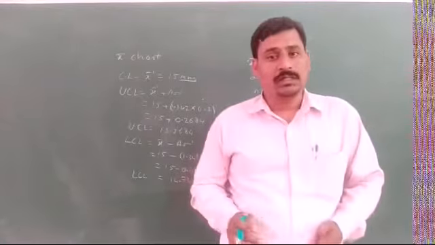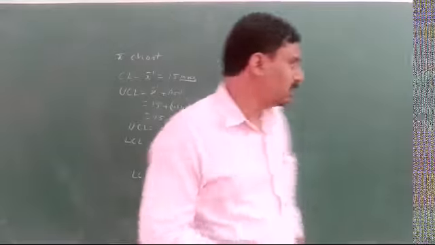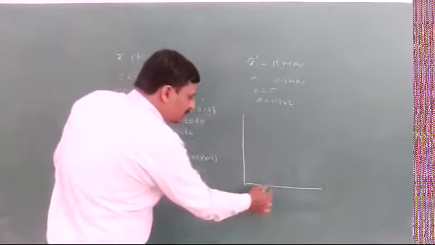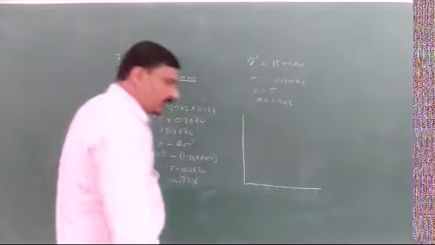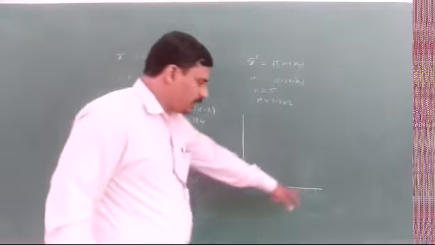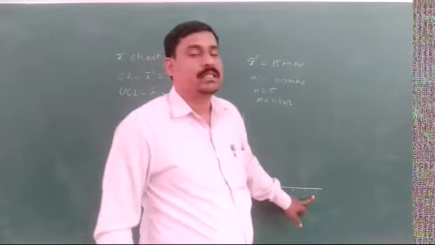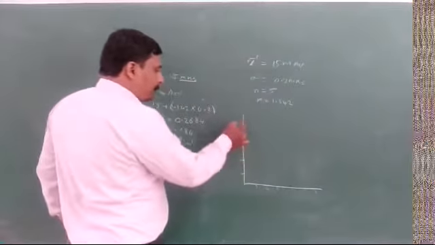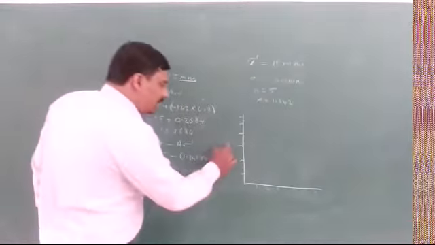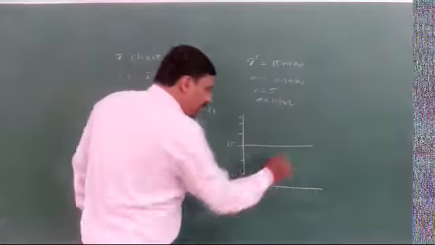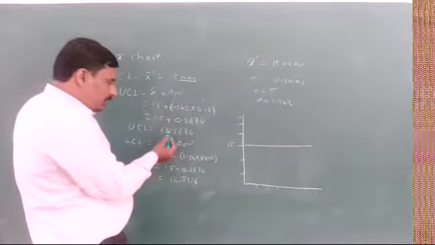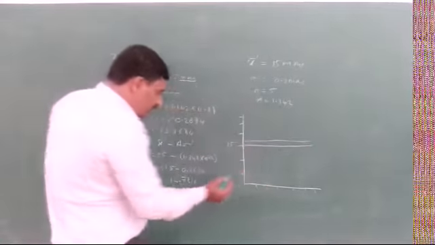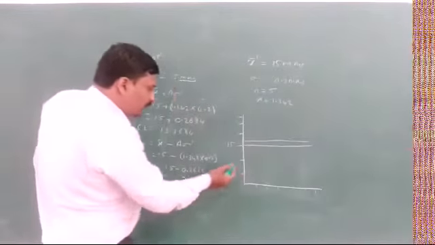So how do we draw a chart with the help of these values? Whatever number of samples we have taken, we plot along the x-axis, and we take these control limits here. The central line is 15, the upper control limit is 15.268, and the lower control limit is 14.73.